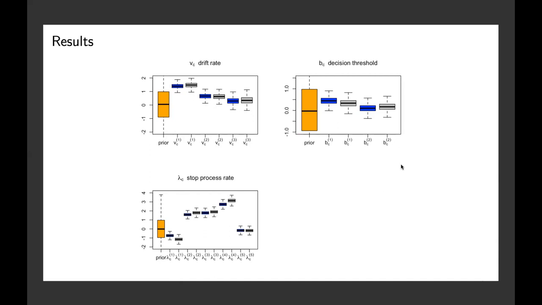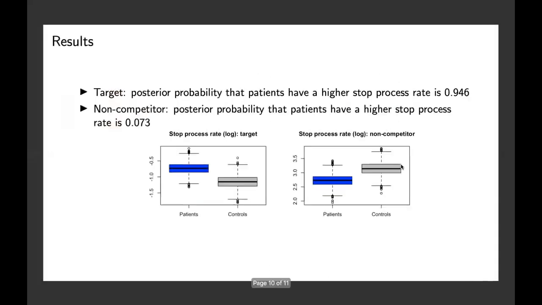By inspection of these plots, the parameters that show the largest between group differences are in the stop process rate lambda. This figure shows the two parameters that have the largest between group differences.